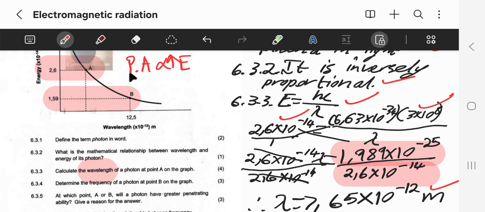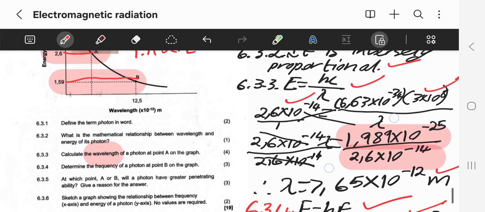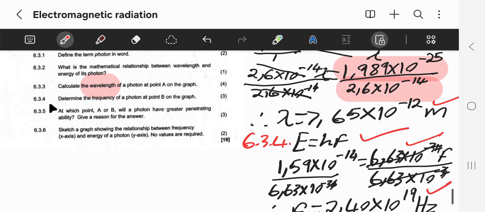So the answer we are going to give here is to compare the energy at point B and the energy at point A. But we see that the energy at point A is actually larger than the energy at point B. So our answer for 6.3.5 is going to be A. And why are we going to say A?